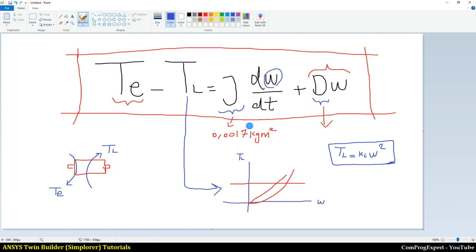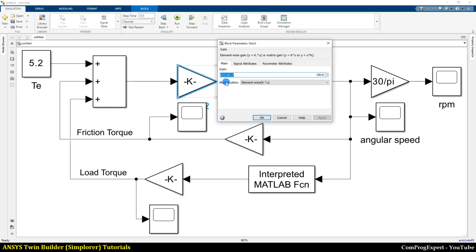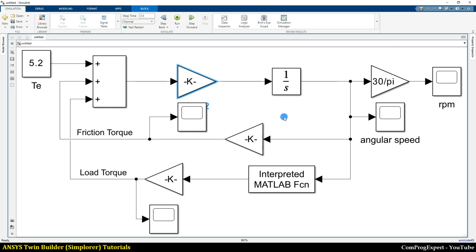And you know, here we have this equation: TE minus TL minus the friction torque, equal to J d omega by dt. So first I divide this summation by J, and I perform the integration to calculate the angular speed.